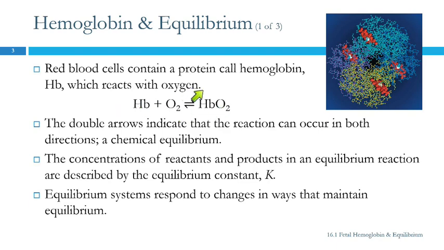The hemoglobin can pick up the oxygen, bind to it. The hemoglobin can release the oxygen. That's a chemical equilibrium, the reaction occurring in both directions. So the equilibrium constant K is going to be a factor including the concentrations of the products and the concentrations of the reactants.